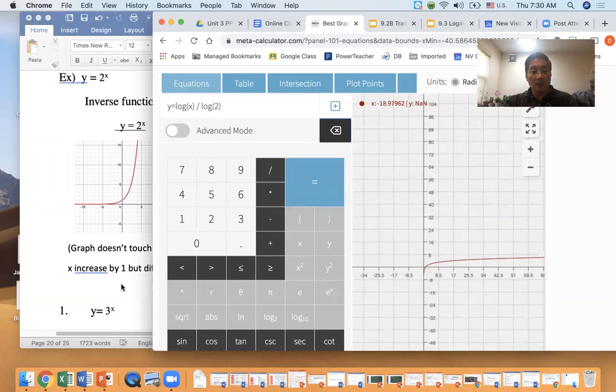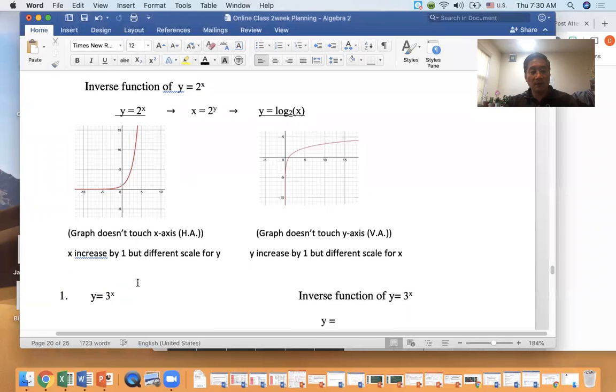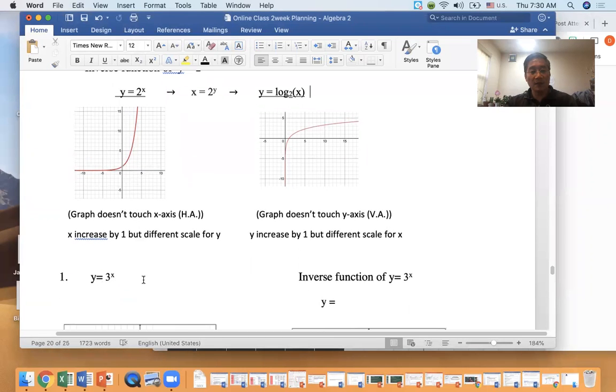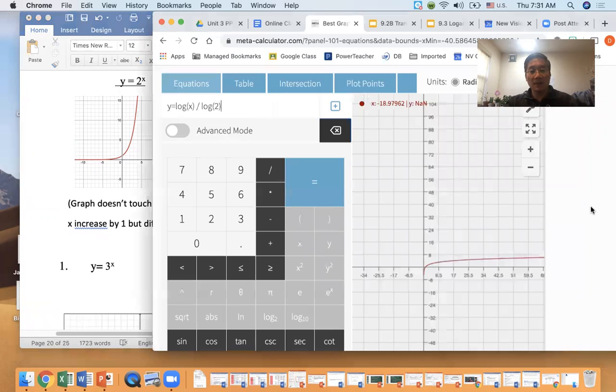So like this, you have a few examples. Please find the inverse function of this exponential function and draw the graph for the exponential function and the log function. When you draw the graph for log function, you don't need to go first to the table and find only integer coordinates, right?